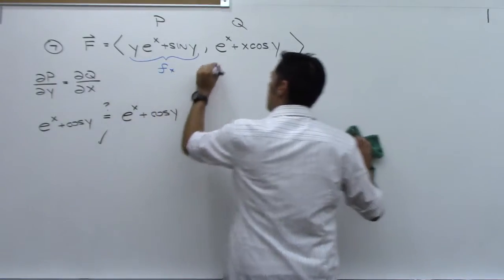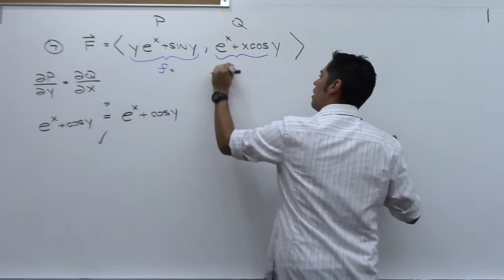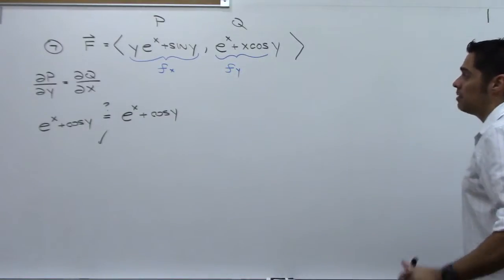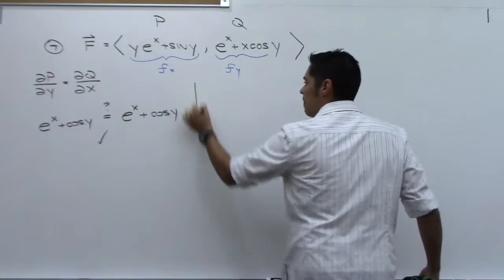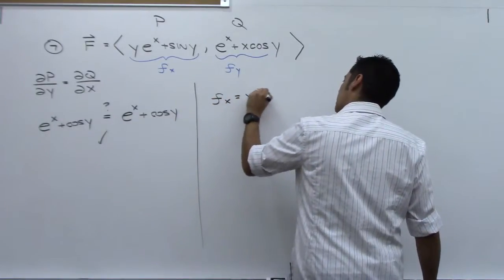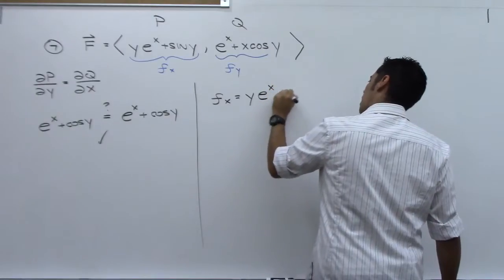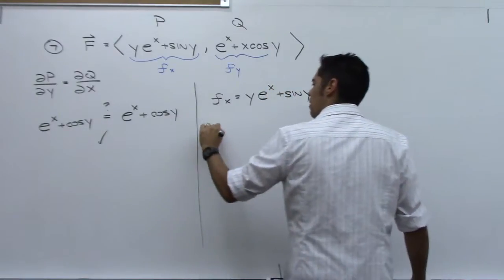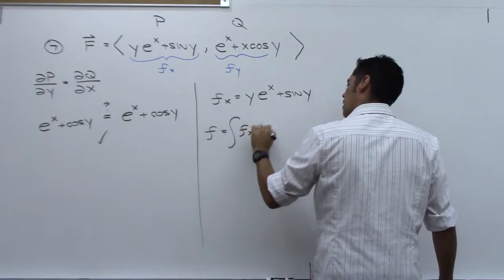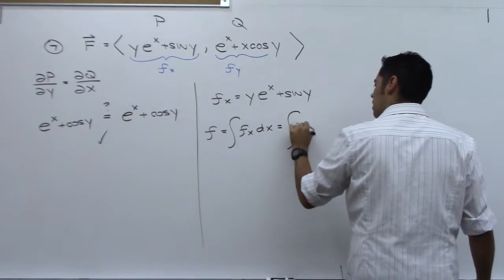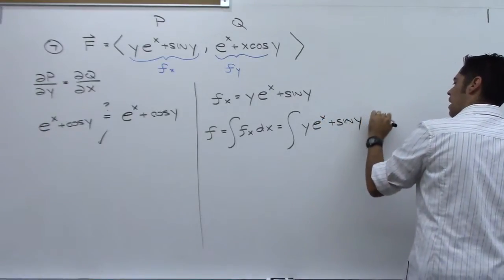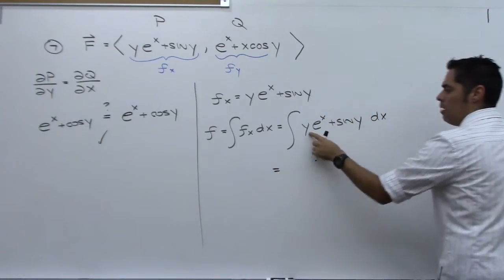So I'm assuming I know that this is the partial of the scalar function f with respect to x, and that one is the partial with respect to y. So I'm going to start off the same way. I know that this is equal to y e to the x plus sine y. And if I want to know what f is, then I'm going to integrate that with respect to x. And y is constant here.